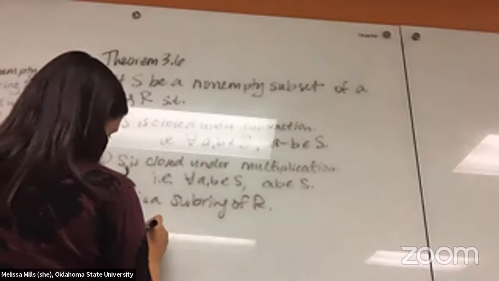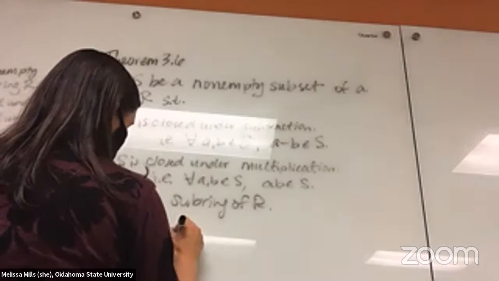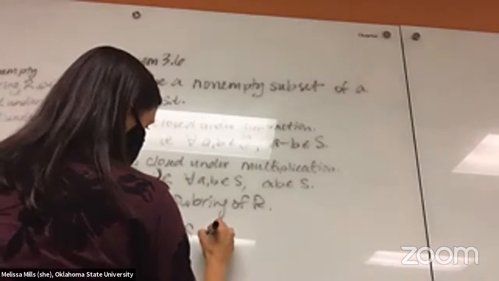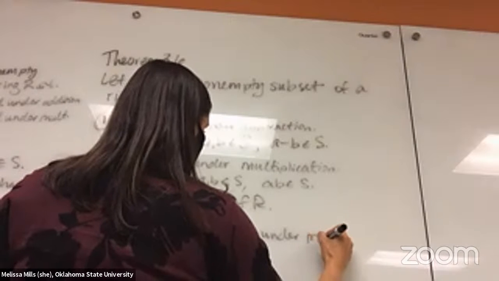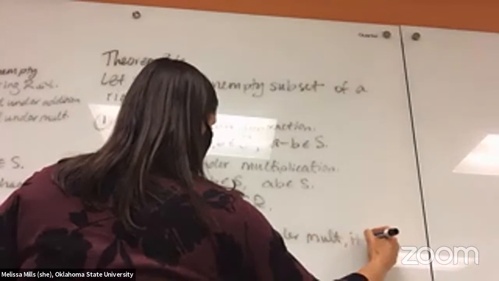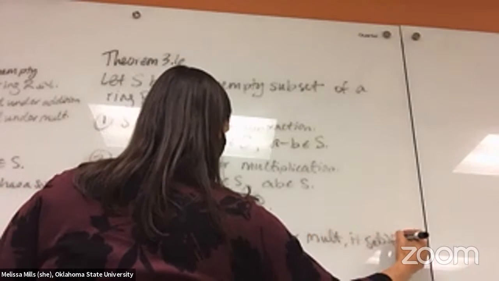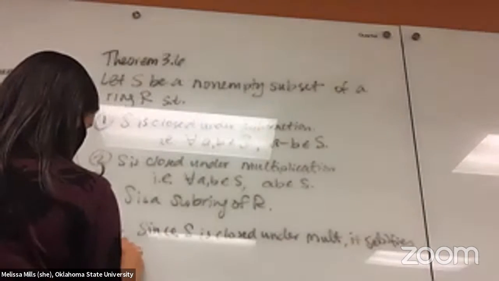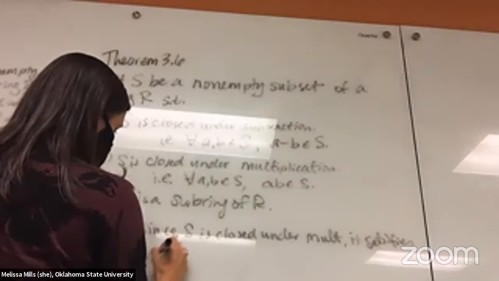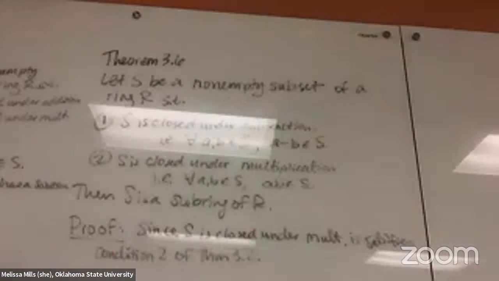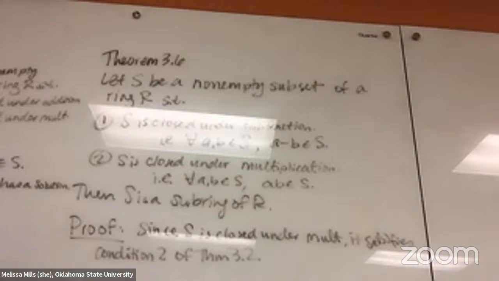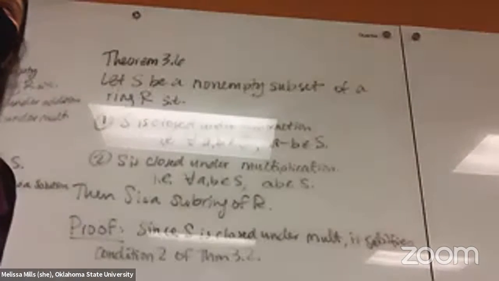So since S is closed under multiplication, it satisfies condition 2 of theorem 3.2. Okay, so we've got that one. That was the easy one, right?